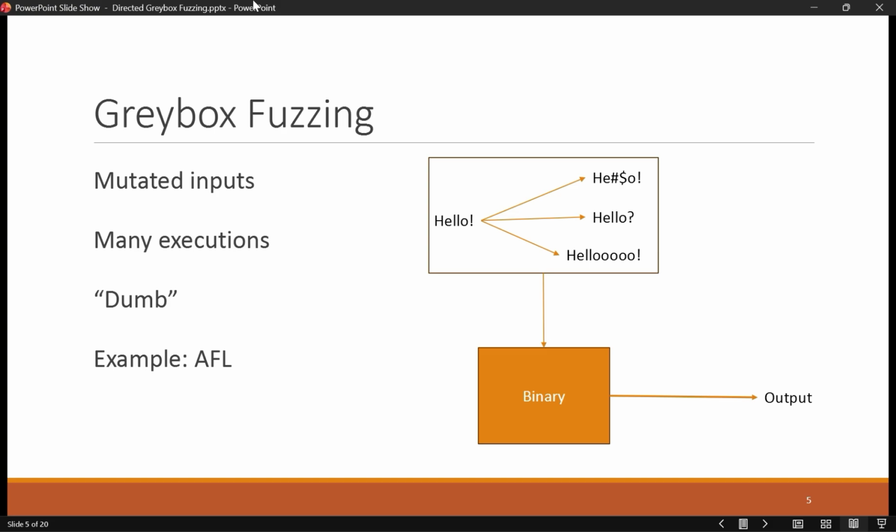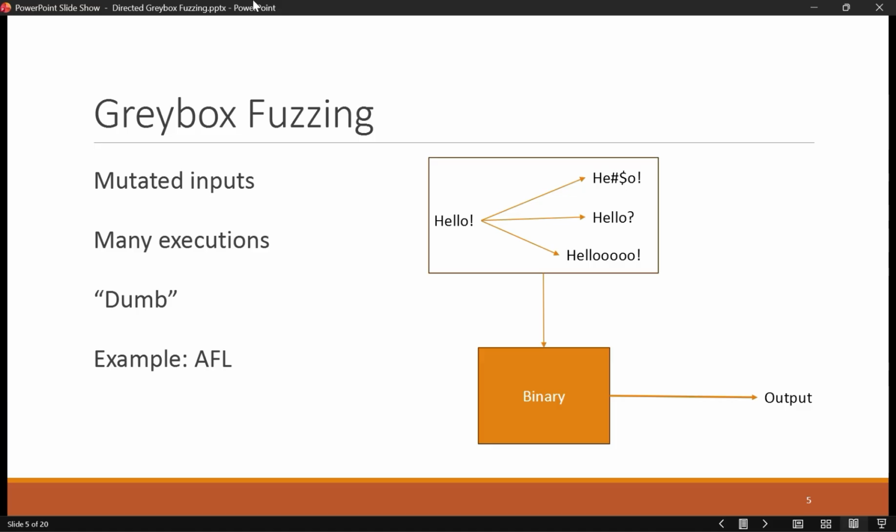In our case, when an input increases coverage of the binary, it's then put into a pool of inputs that it will then go through to further mutate and test those mutations as well. This is really advantageous because it allows you to do tons of executions of the binary in a really short period of time.